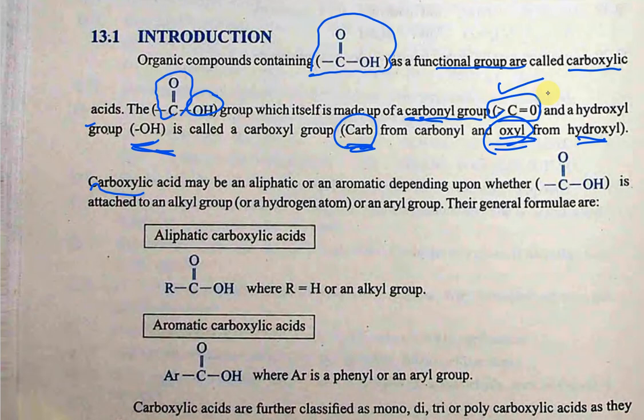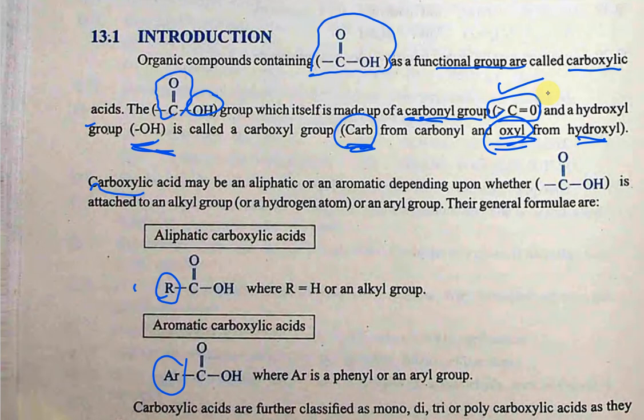They may be aliphatic or aromatic. The benzene ring may be present or not present. So it depends upon the R group which is attached to them. If we have an R group that is aromatic, this is called an aromatic carboxylic acid.